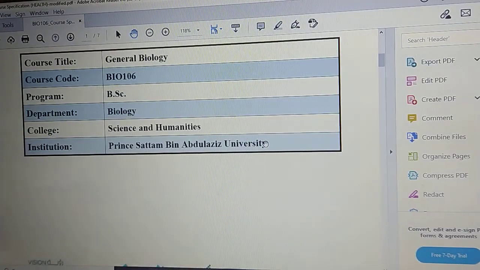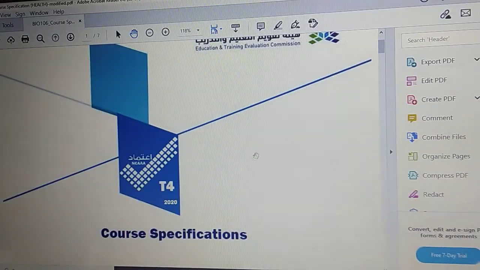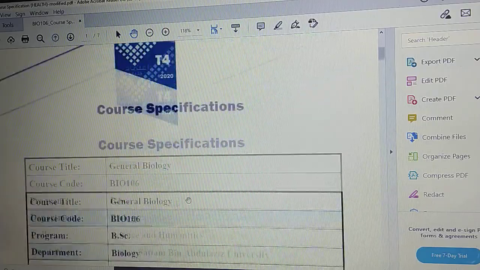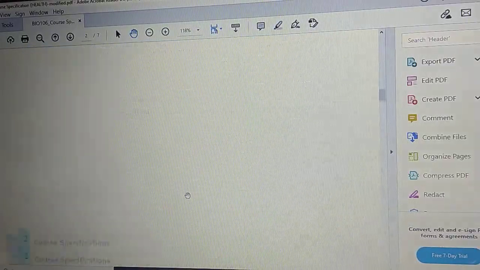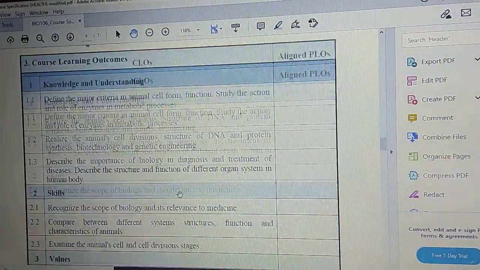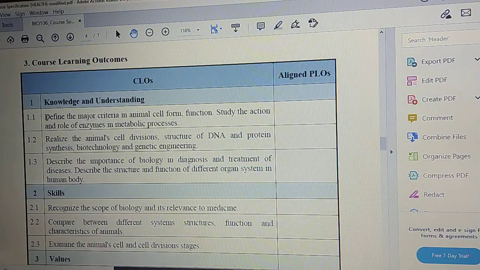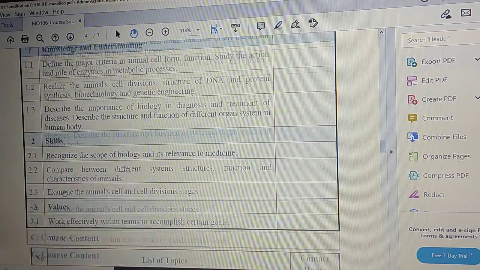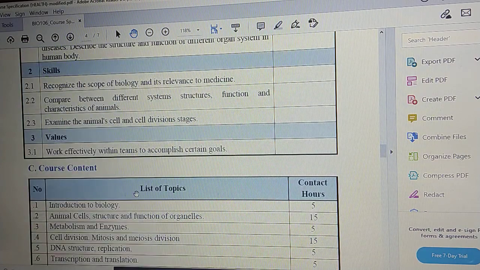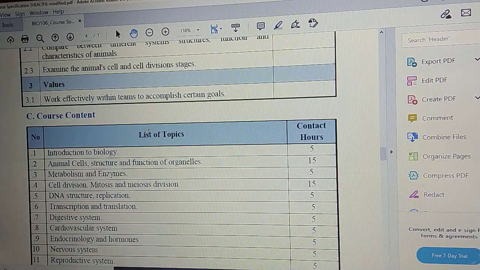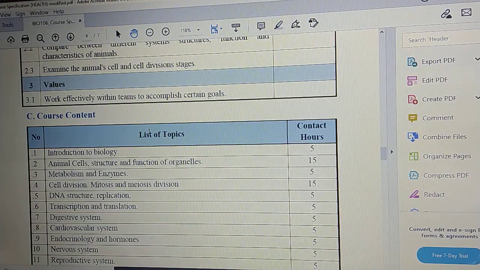My source of information and data will be the course specification. The course specification gives me the learning outcomes of the course, knowledge, skills, values, also the list of topics, the chapters of the course.